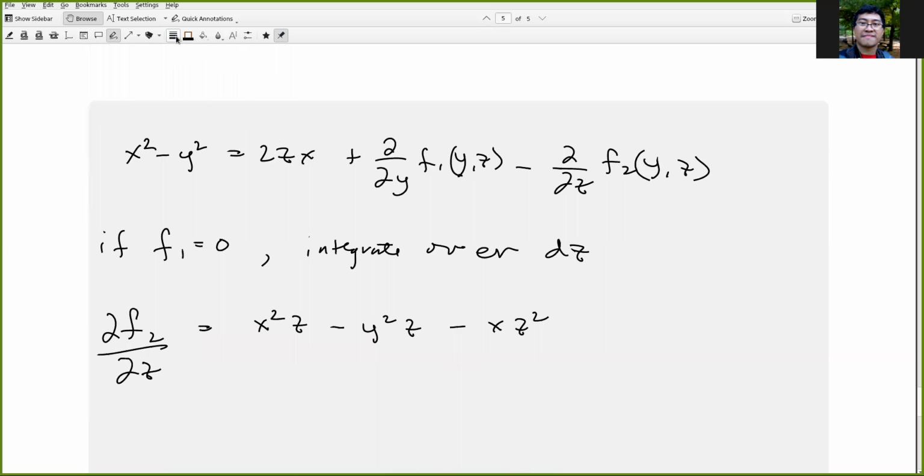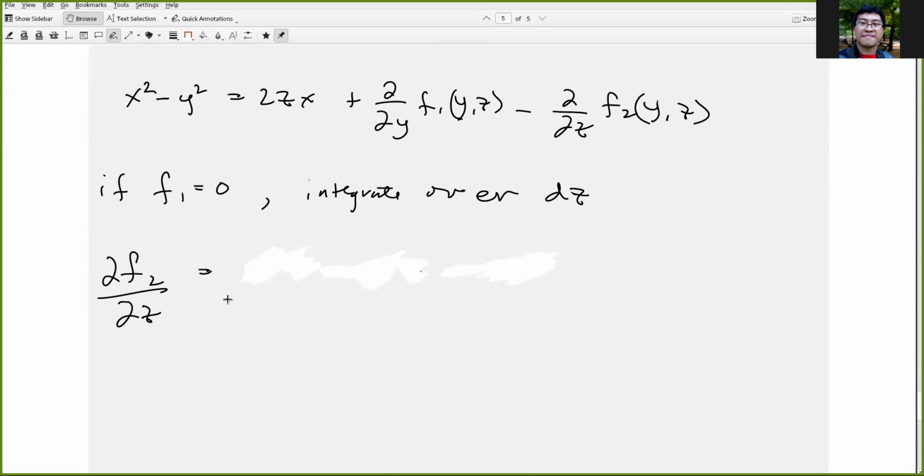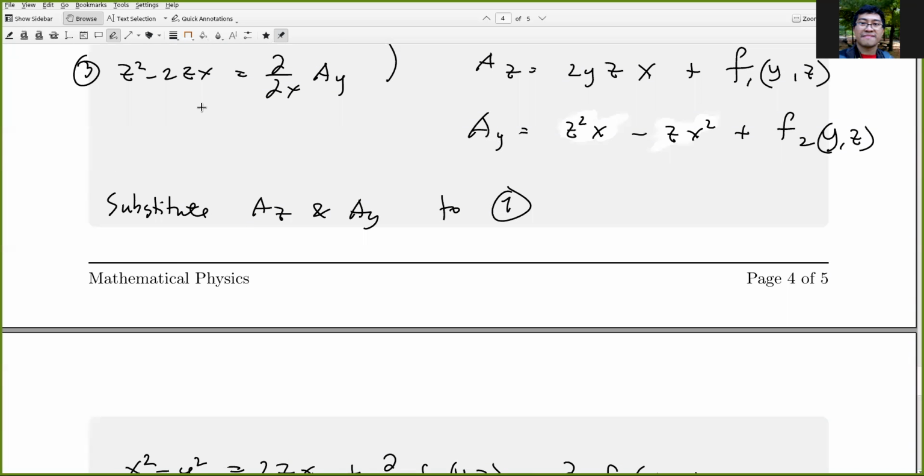So solve here first the partial of f2 with respect to z.